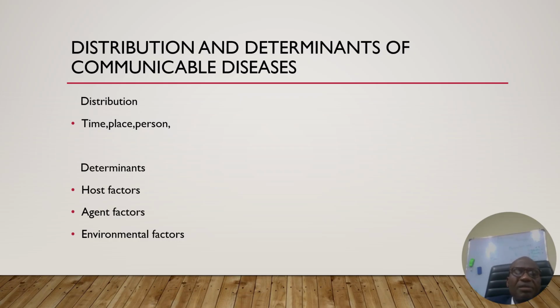They could be seasonal, as with fever, for example, or it could be diurnal. Some occur during the day, some occur during the night, when the vectors are biting. Determinants of diseases include causative agents, host factors, and of course environmental factors. All these have impact on determining whether a disease will occur or not.